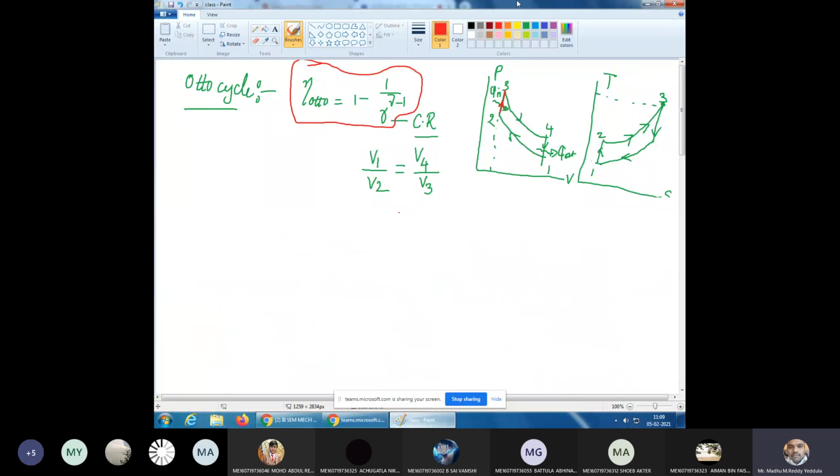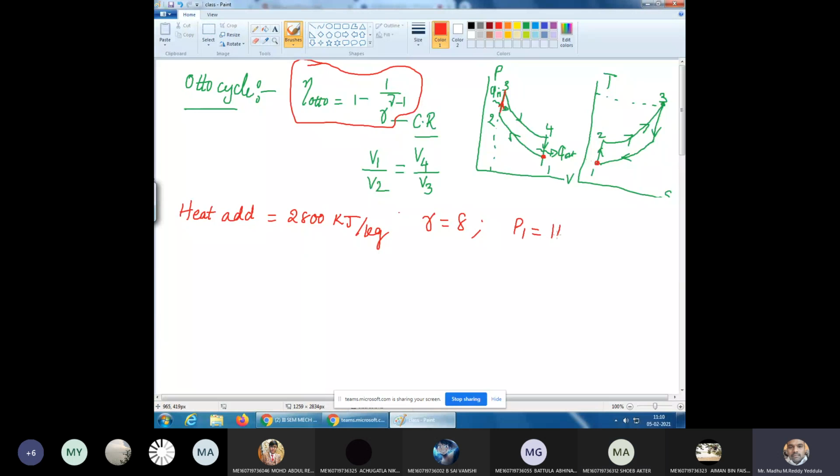Next problem. Consider an air standard Otto cycle that has a heat addition of 2800 kilojoules per kg, compression ratio 8, and pressure and temperature at the beginning of compression, P1 and T1.